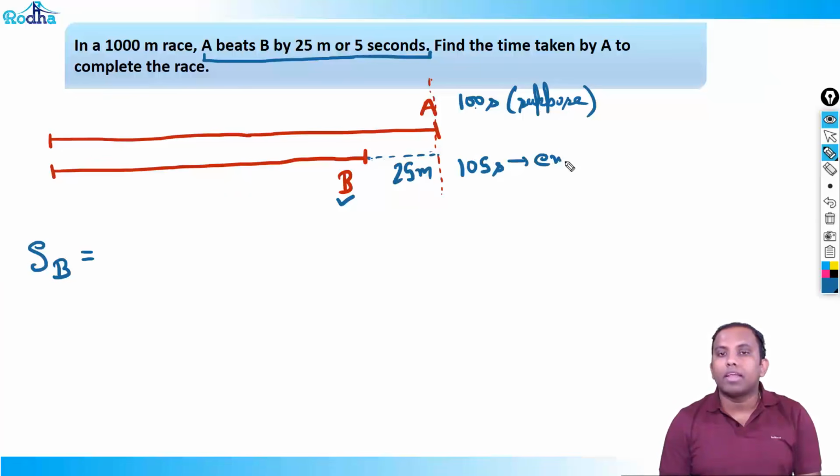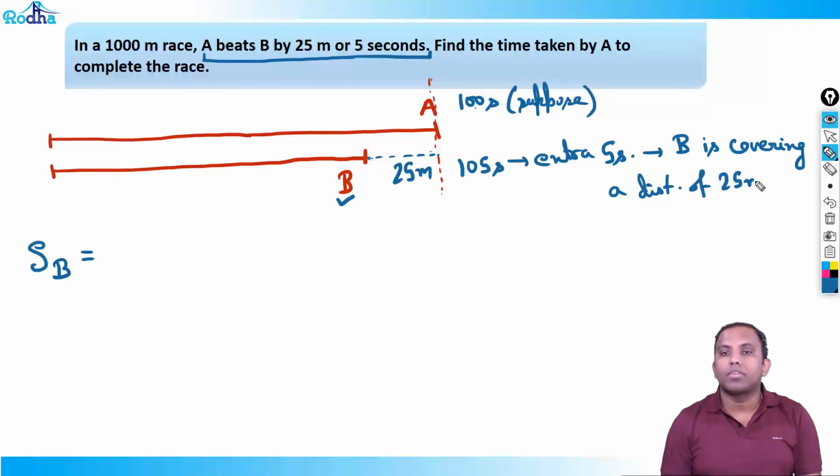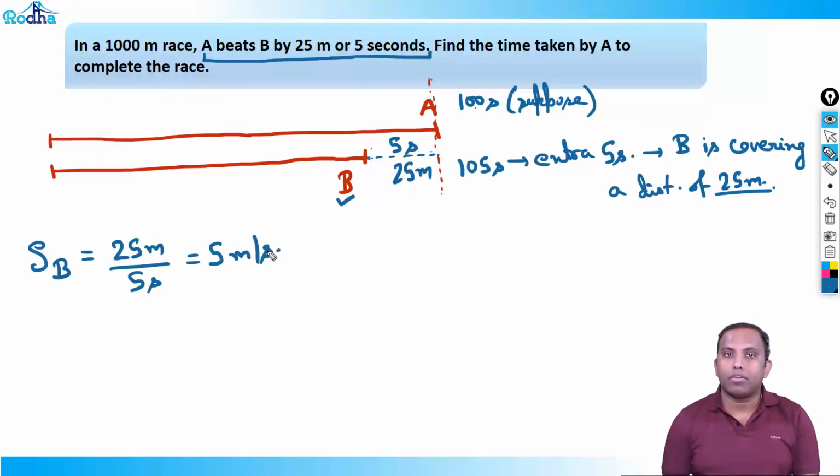So B is covering a distance of 25 meters in 5 seconds. What is the speed of B? Speed is distance upon time, 25 meters upon 5 seconds, that is 5 meters per second. So the speed of B is 5 meters per second.